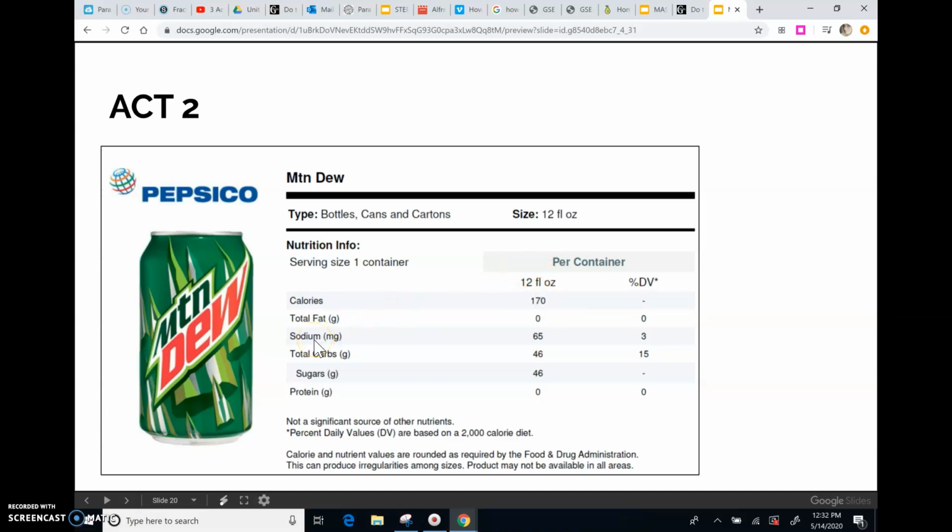It shows the sodium 65 milligrams, the total carbs are 46 grams, the proteins are 0. But all of that information we don't really need because we're trying to find how much sugar is in a case of Mountain Dew. So we're going to pay particular attention to where it says sugars in grams. And we can see here that it has 46 grams of sugar.